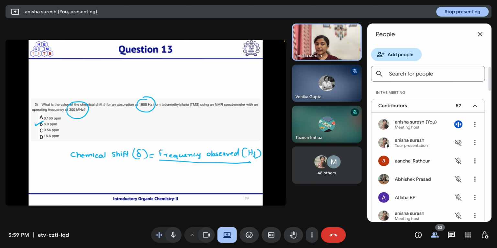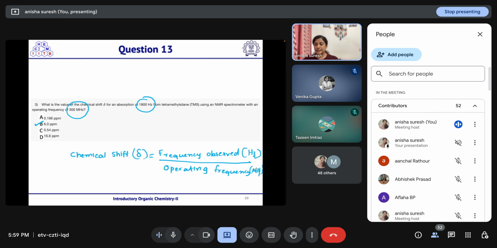So chemical shift equal to frequency observed in hertz. Then we will be minusing the frequency of the reference. So frequency of the reference will be 0, right, for TMS, divided by operating frequency of the instrument. That will be in megahertz.